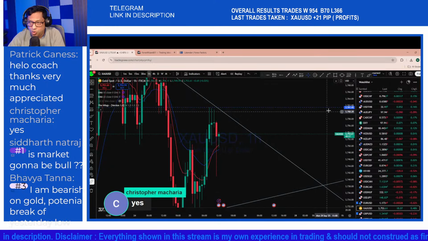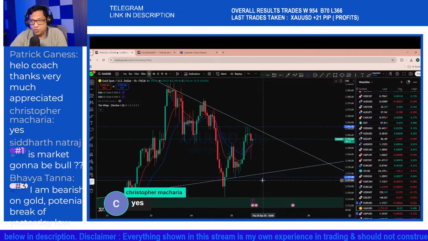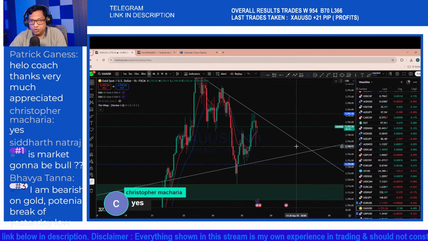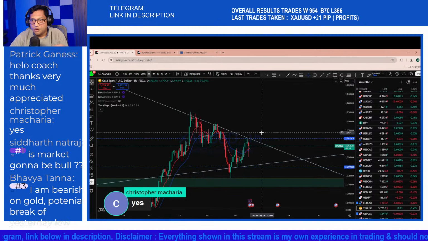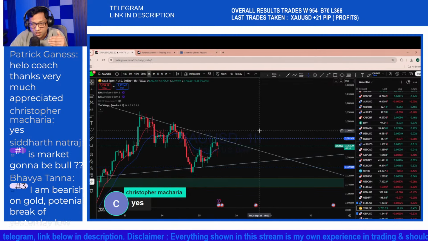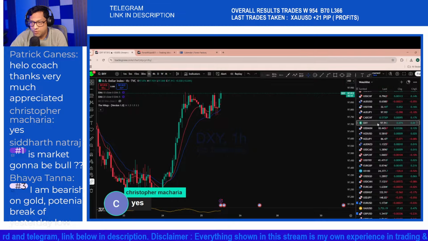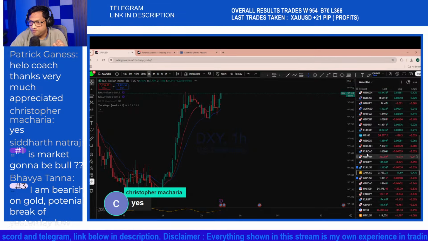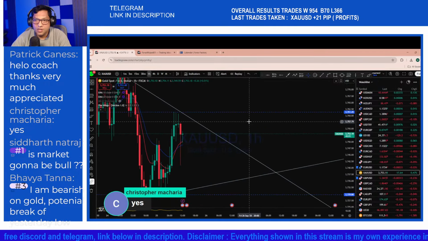Do you think that gold is going to break that high or it's going to drop down here? All right, so this is the key question here, right? Because the market on DXY is so far showing upside momentum, which should have a mirror effect on gold.